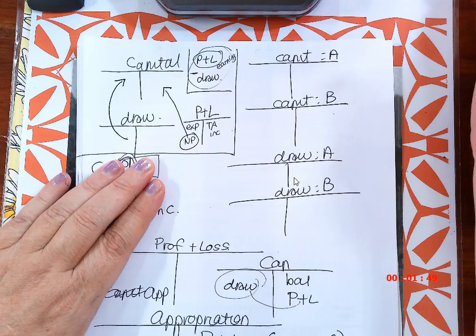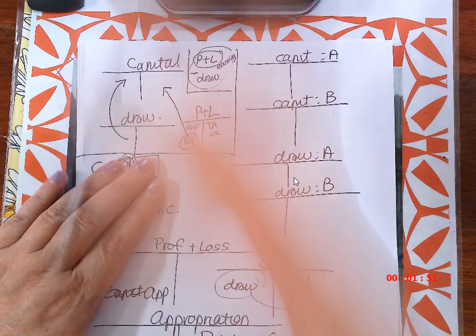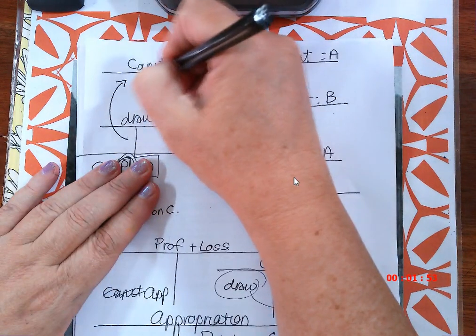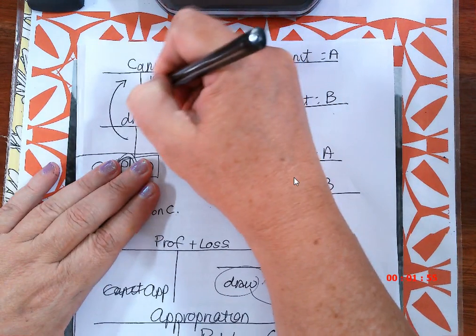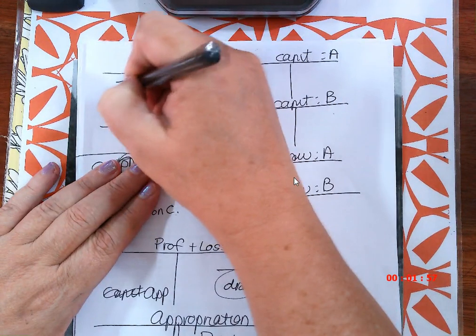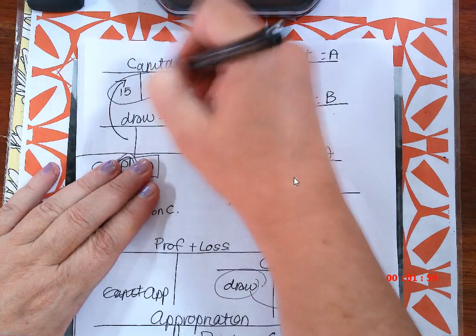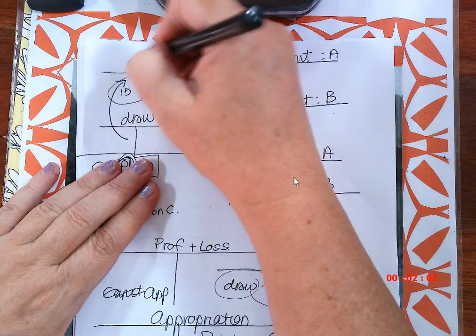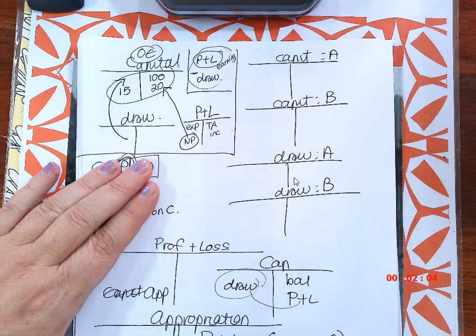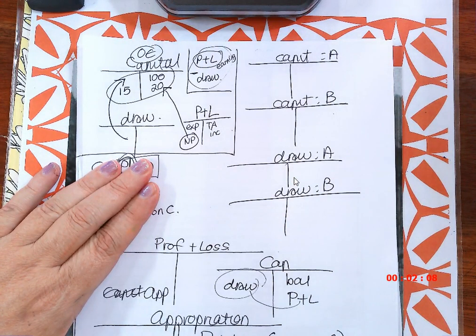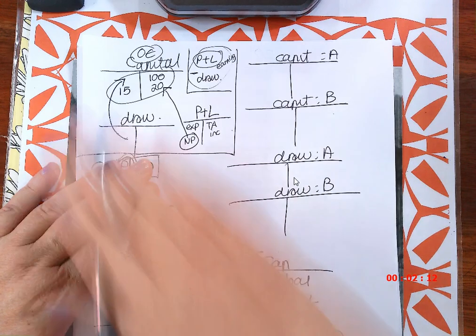So how we used to show it is, let's say the capital was 100 Rand, the profit was 20, and the drawings was 5, then this would be your owner's equity, would then be 105. So your owner's equity grew with the 5 Rand of the profit that he did not use. This is grade 8, 9, and 10.